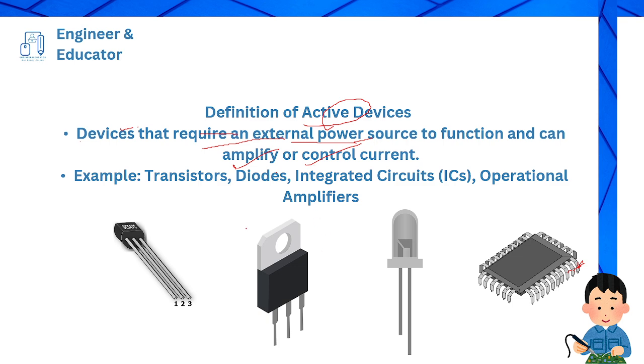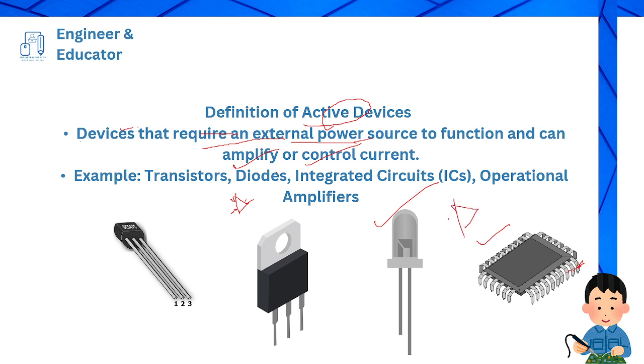You have seen the symbol of diodes like this, and what I have given here is the light emitting diode example. Some transistors are given here as an example, and also some ICs. ICs in the sense I can say the operational amplifiers and all integrated circuits. These are all examples of integrated circuits and op amps.